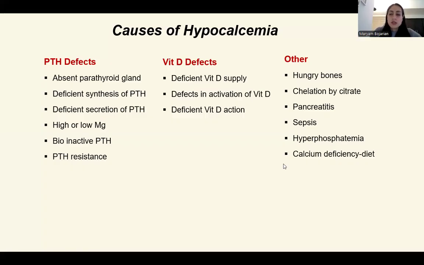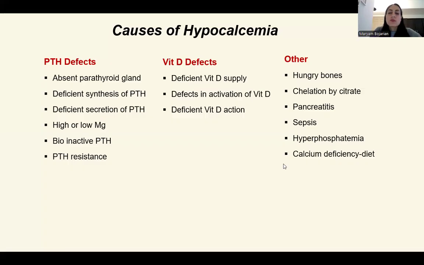On the other hand, high magnesium, any level more than 5 milliequivalent per liter, can activate the calcium sensing receptor and falsely signal high calcium levels. This suppresses PTH release, causing hypocalcemia.